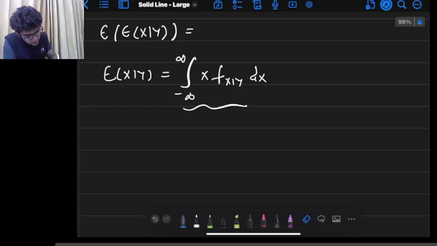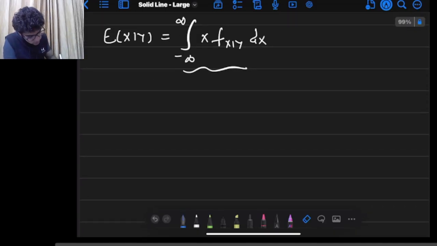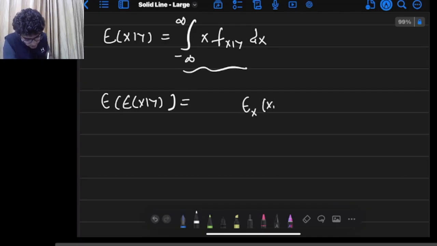Whenever we write the expected value of a conditional expectation, we write it like this. For example, if I am writing the expected value of the expectation of x conditional y, this means that I am taking the expectation of x conditional y, which is a function of y, with respect to y, and this turns out to be the expectation of x.